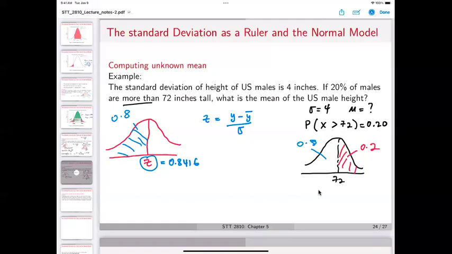Okay? Now let's do it together. Our z is 0.8416 equals our y here is 72 minus the mean, which I don't know. Let me put mu here. Or you could put x bar.